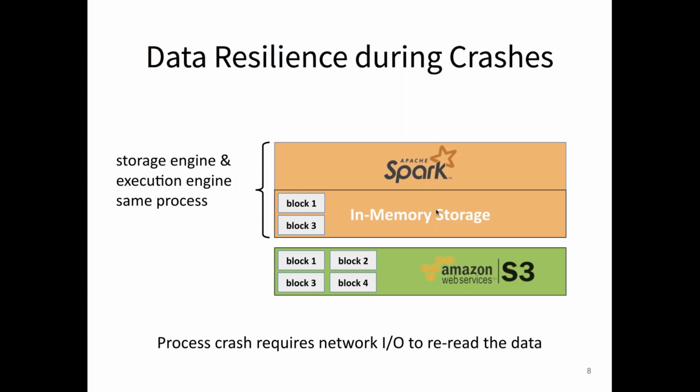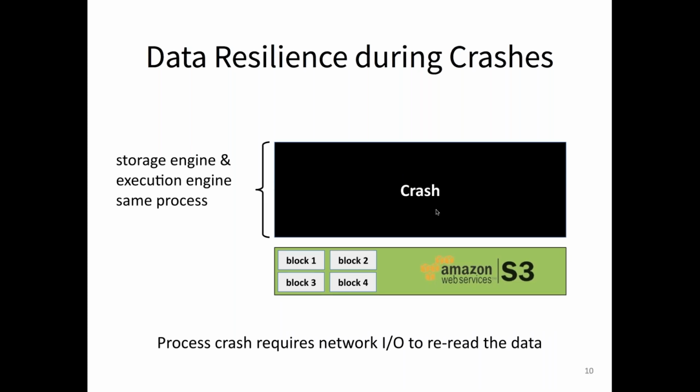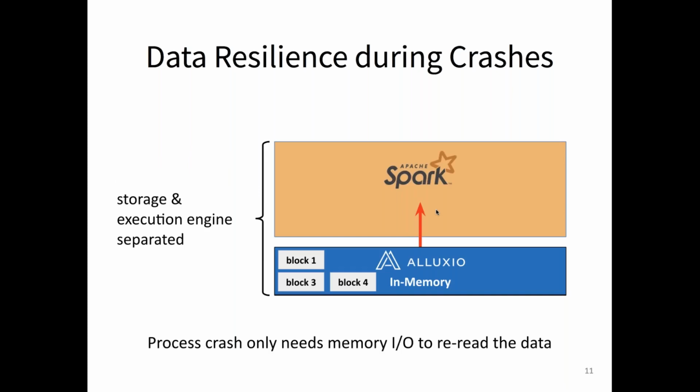The problem is if you have bugs, or if there are restrictions on the hardware resources or some other issues, so your process gets crashed. That means you have to rebuild all your results by loading the data again from the input data source like S3 and recalculating the data. So if you crash, all the intermediate results get lost unless you persist the data to external storage.